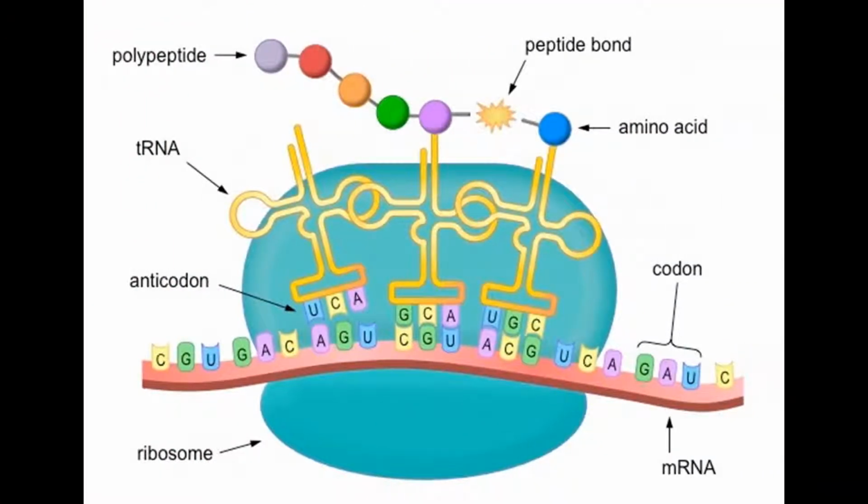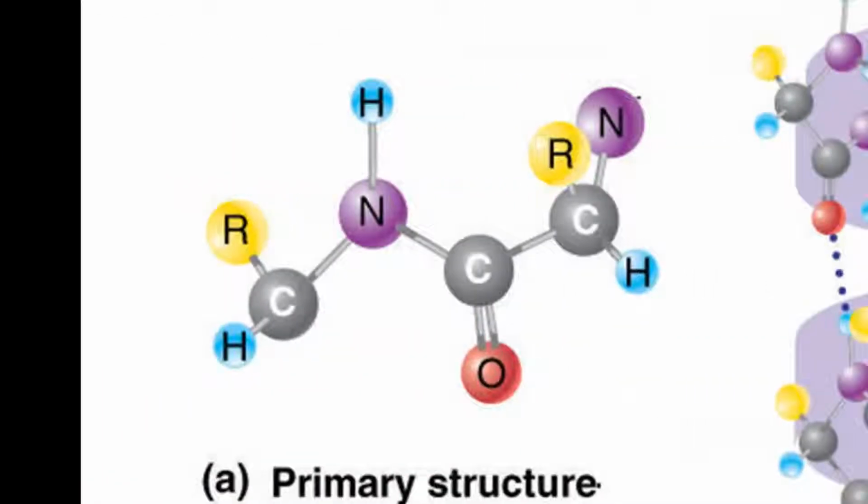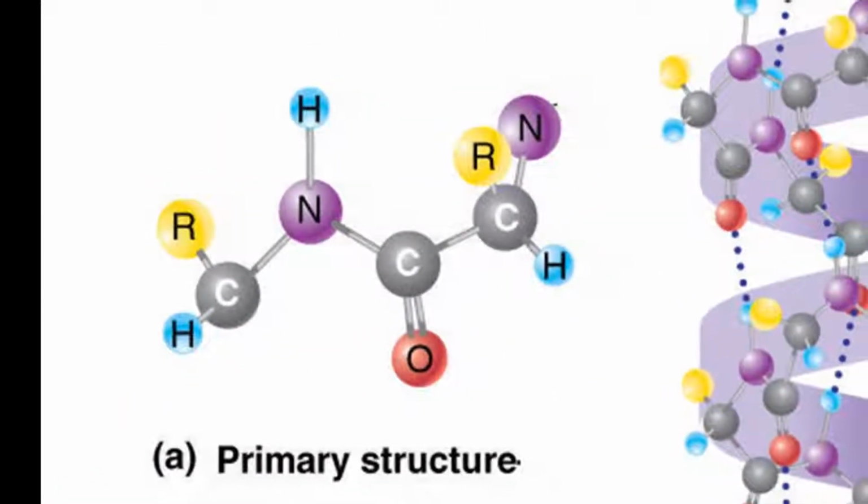Polypeptides are formed by the condensation of many amino acids. The sequence of amino acids in a polypeptide chain is determined by the sequence of the genetic code on mRNA being translated in the ribosomes. A functional protein may contain 1 or more polypeptide chains. The shape of a protein is critical to its function.